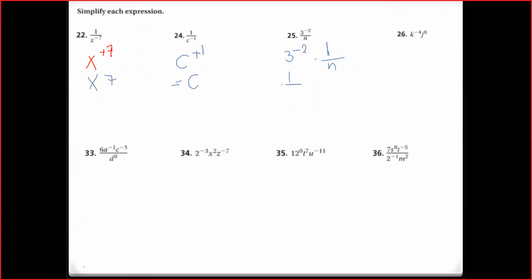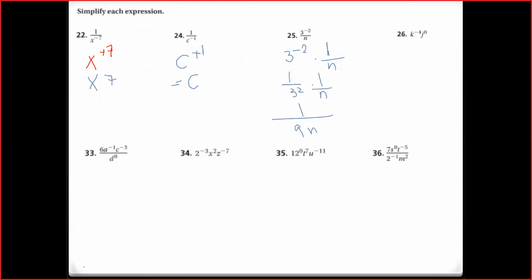It is 1 over 3 to the power 2, because the opposite of negative 2 is positive 2. So it is 1 over 3 squared multiplied by 1 over n. 3 squared is 9, multiplied by n, so it is 1 over 9n.